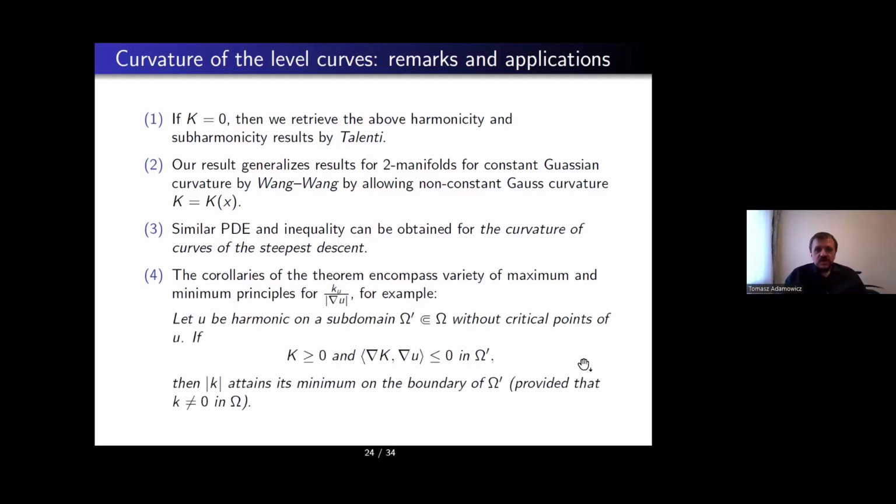For example, if U is harmonic in a subdomain with no critical points, then under proper assumptions on the sign of Gaussian curvature and this expression, one may show that the absolute value of K attains its minimum on the boundary of the domain. And a number of similar results can be found in my paper with Giona, to which I will refer at the end of my talk.